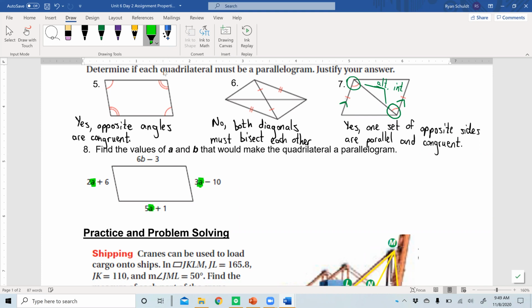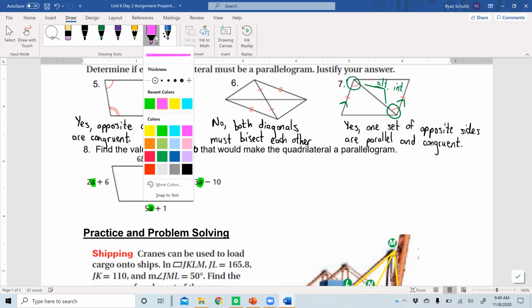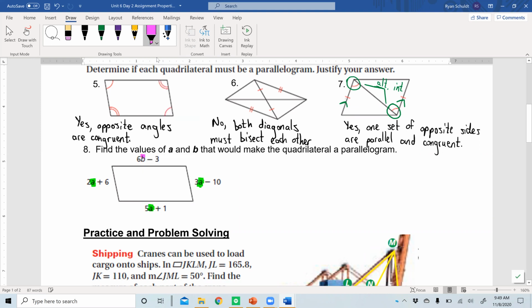And then I'm going to go back and highlight my B's in pink. Ruh-roh. I only have one B. So that means I have to find A first. Which means I have to start with a pair of sides that both have A. And I know they have to be equal.